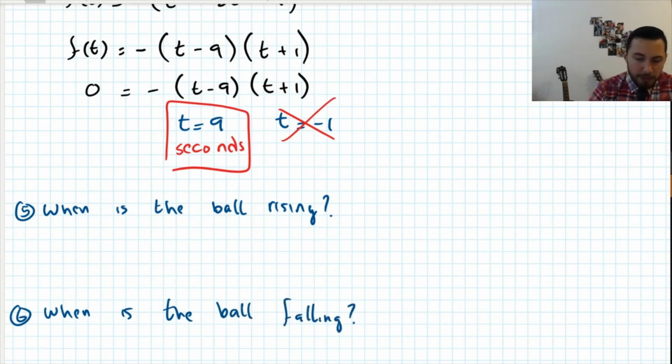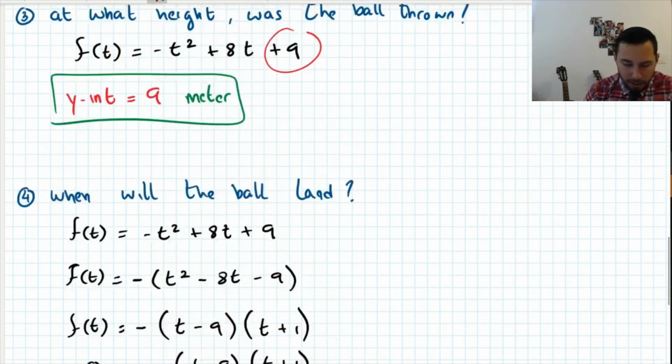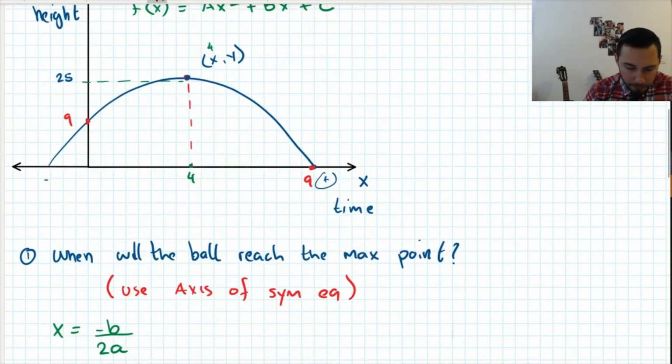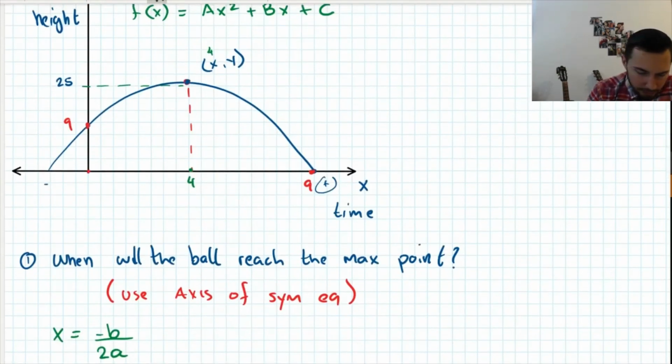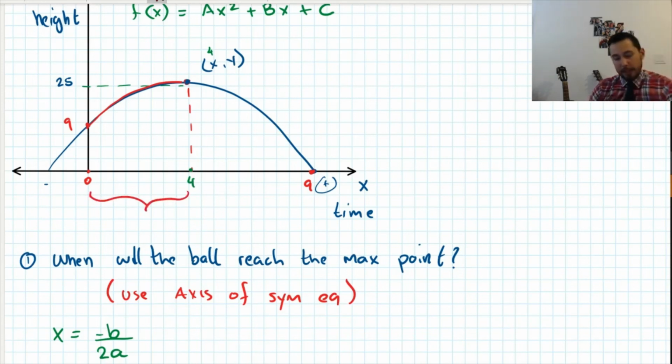So what times, right? If I look at the graph here, I started at 0. I threw the ball and it rose from 0 all the way to 4. And I'm looking here at this interval on the x-axis. So between 0 and 4, it rose. So I'm going to write between 0 and 4, it increased.